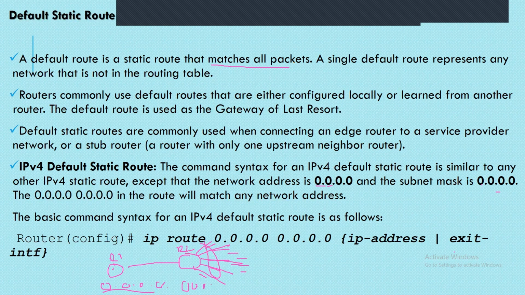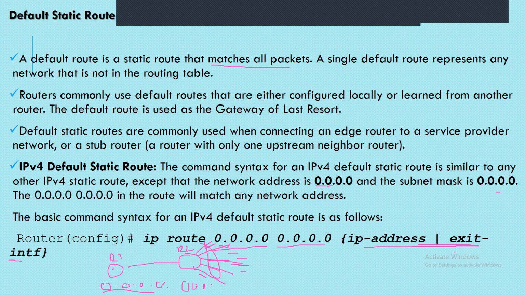Our syntax is IP route, all network, all subnet mask, next hop IP or next hop exit interface. Let's just do the lab.